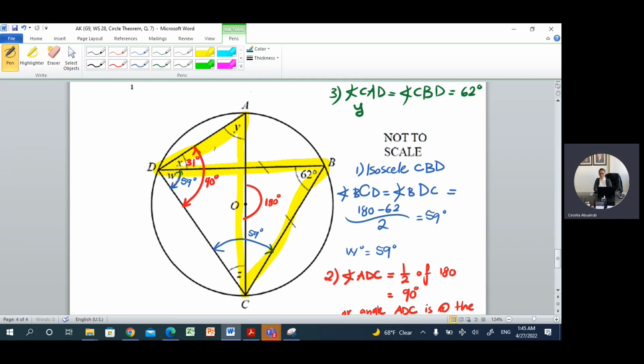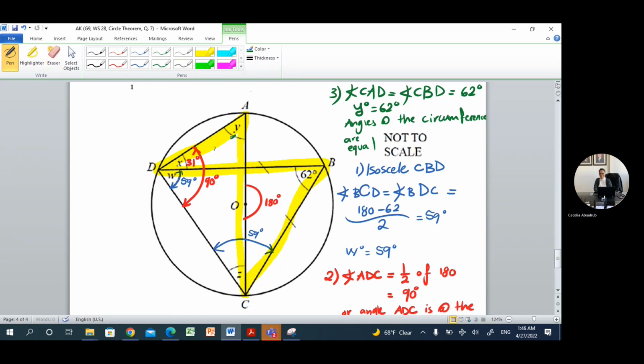So Y is equal to 62 degrees, because angles at the circumference are equal. So this is equal to 62 degrees.